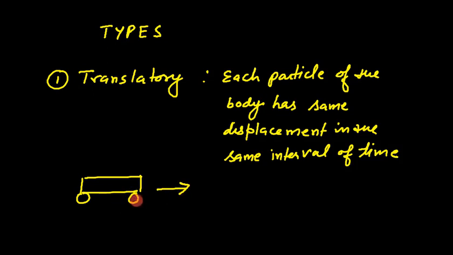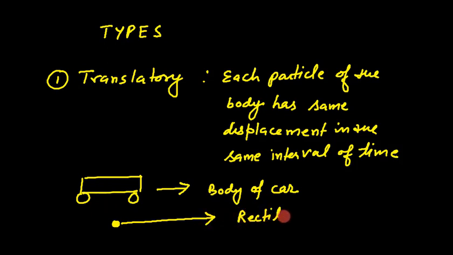Let's ignore the motion of the wheel, but the body of car will have translatory motion. Now there is a special case. If we are studying a single particle or point mass and it is moving in a straight line, this motion is called rectilinear motion.